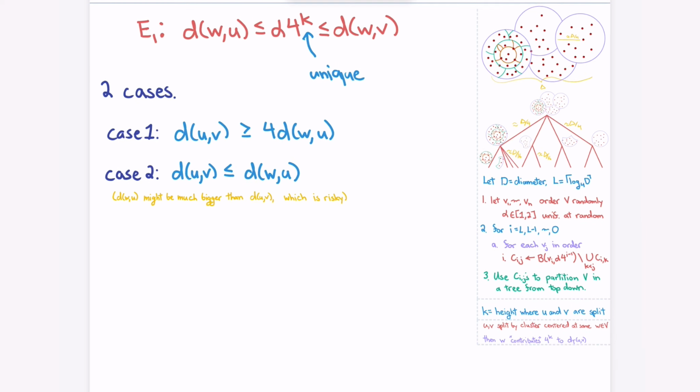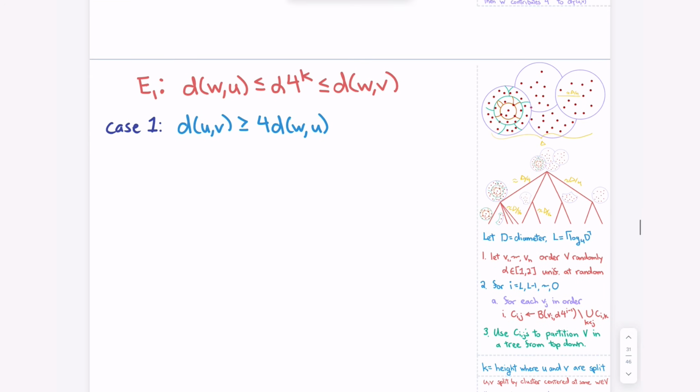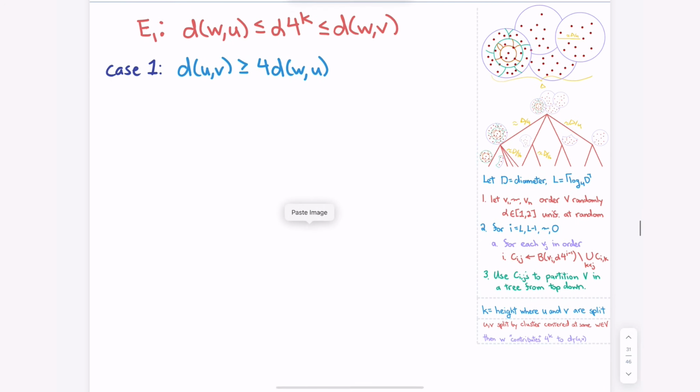Okay, good. So we have two cases, right? One is when the distance from W to U is smaller than the distance from U to V. And the other is when the distance from U to V is smaller than the distance from W to U. So let's just look at this first case, when they're kind of close.